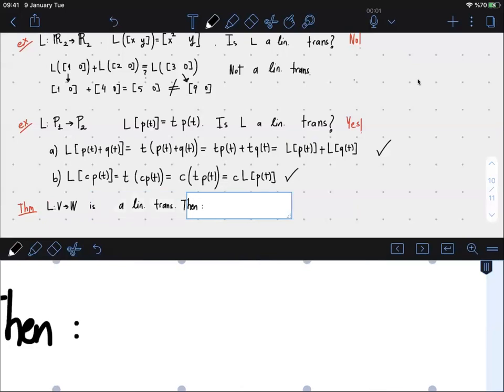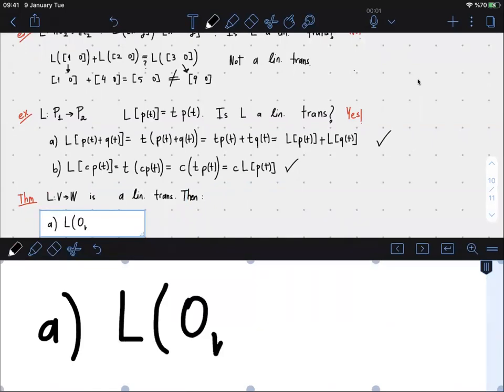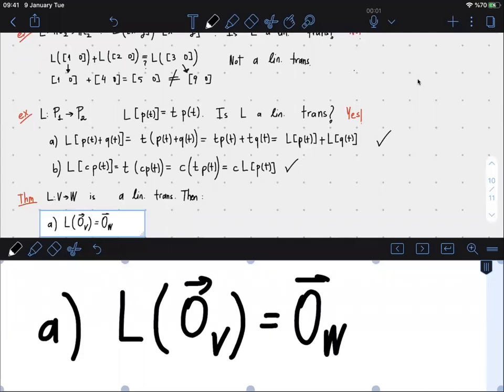The first property is L must take the zero vector in the V space to the zero vector in the W space. They can be different vectors, of course.